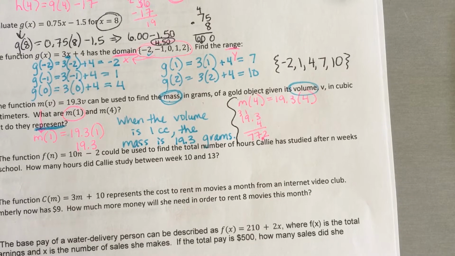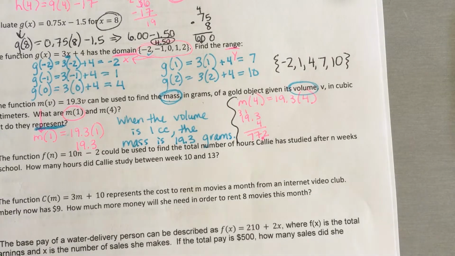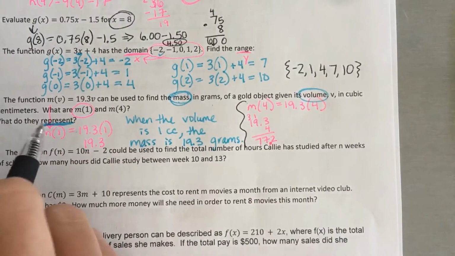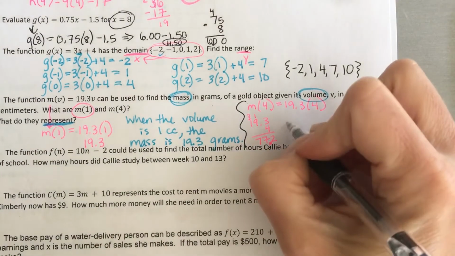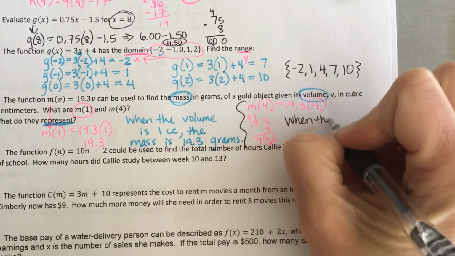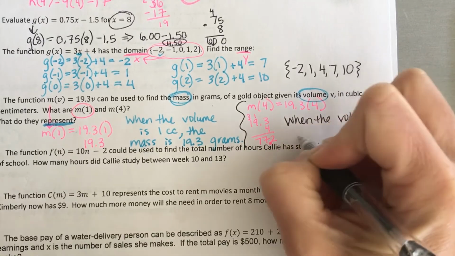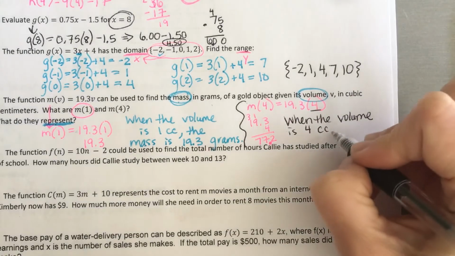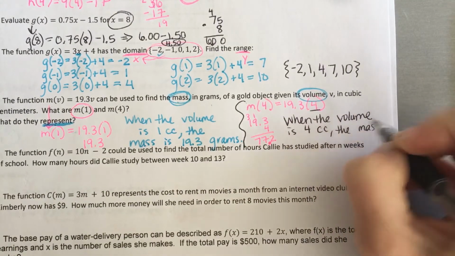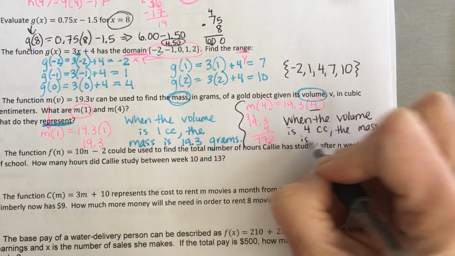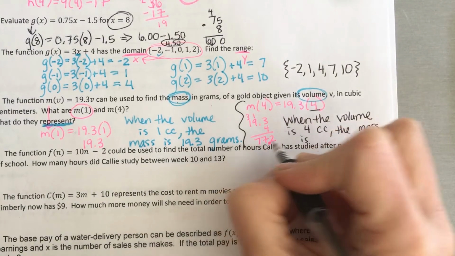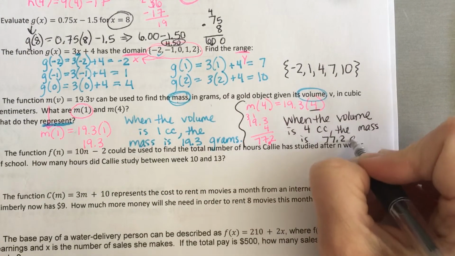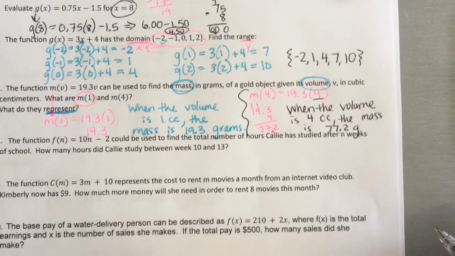Please pause the video if you need to and re-watch whatever you need. All right, and so now we have to say what it represents. When the volume is 4 cc's, the mass is what? The mass is 77.2 grams.